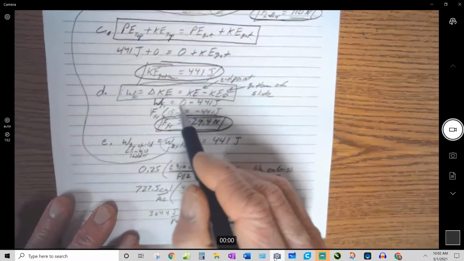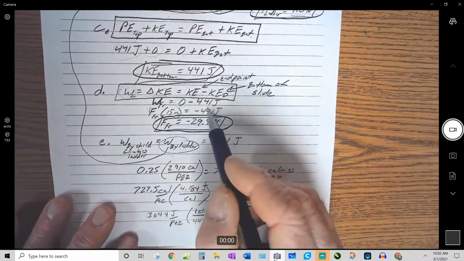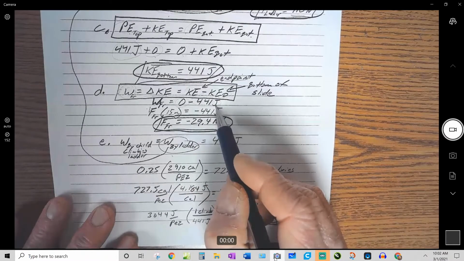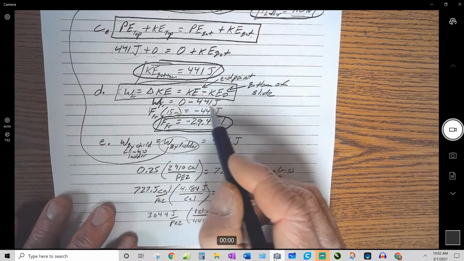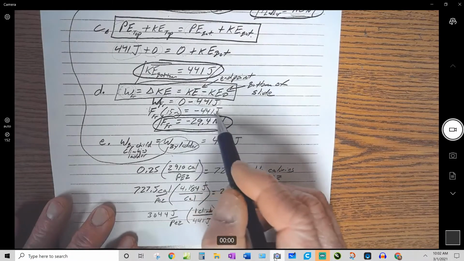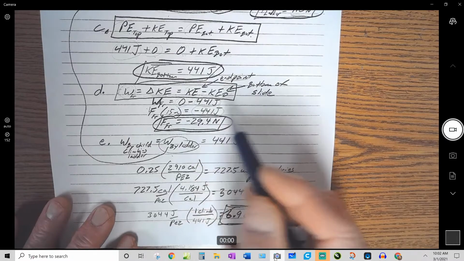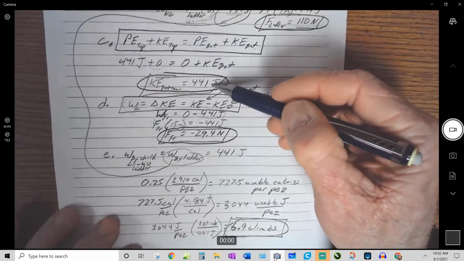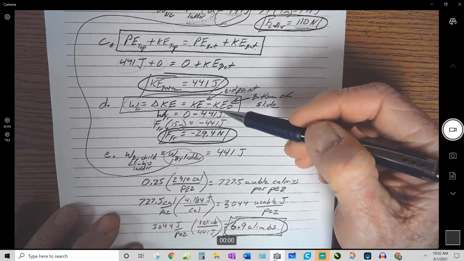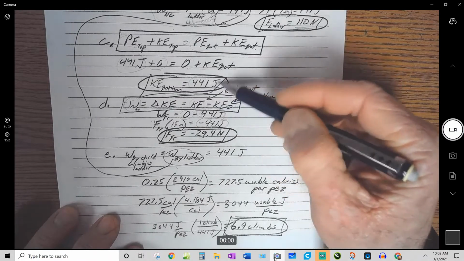The final kinetic energy is 0. The initial kinetic energy is 441. So the change in kinetic energy is negative 441. Just like I was saying, it's got to lose all this kinetic energy to get down from here to 0.